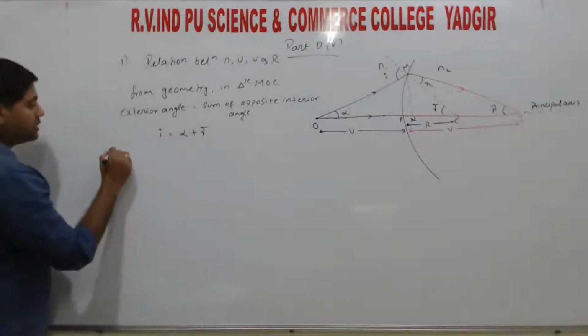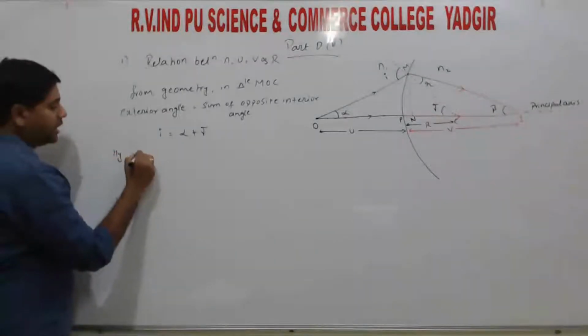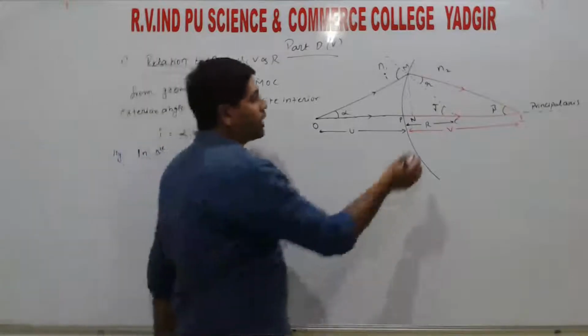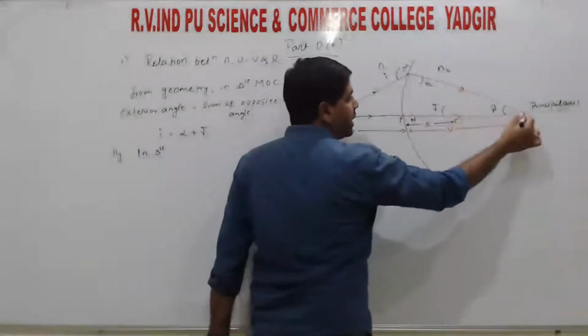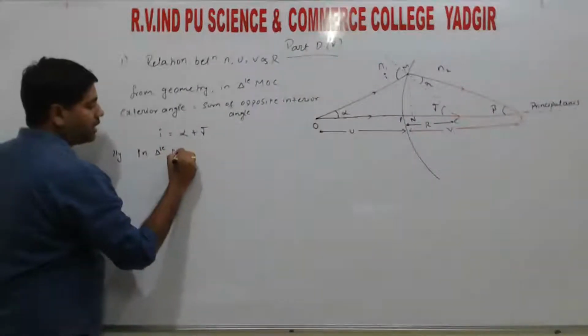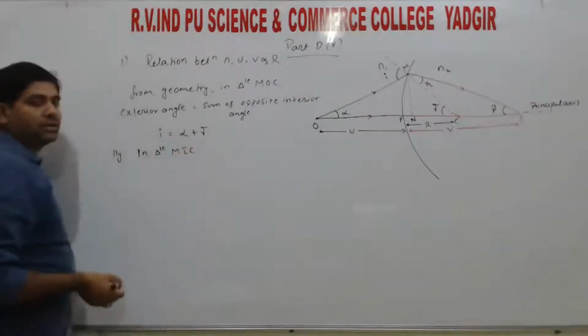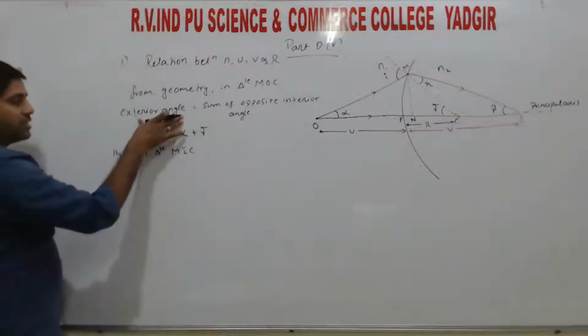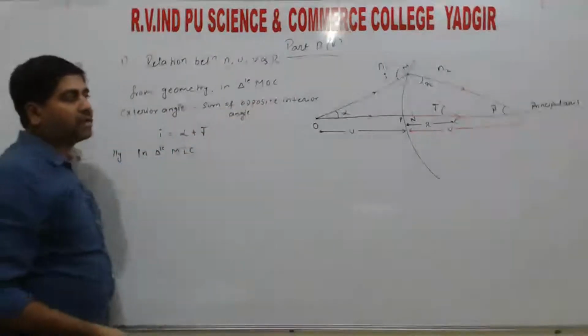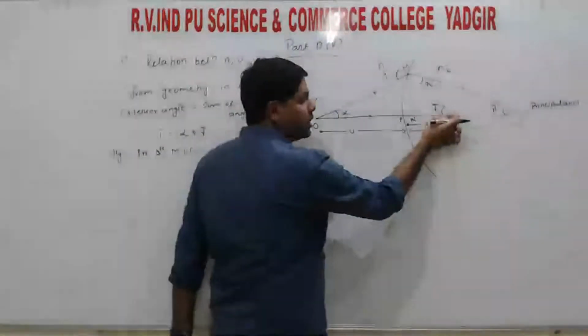So next, similarly considering one more triangle, that is MCI or MIC, right? Triangle MIC. So again, by using the same statement, exterior angle is equal to the sum of the opposite interior angles. So here the exterior angle is gamma, right?